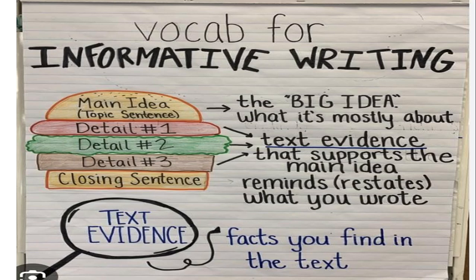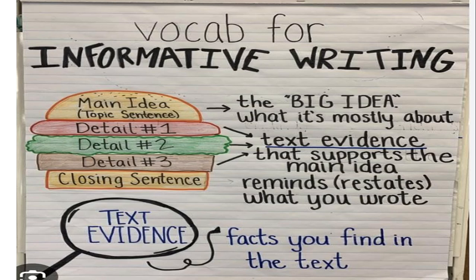Whenever we have a paragraph, we need the topic sentence that has the main idea about what we are talking about. It's called the big idea, what it's mostly about. We need some supporting details that explain this main idea or topic sentence. And usually we end with a closing sentence or a concluding sentence.